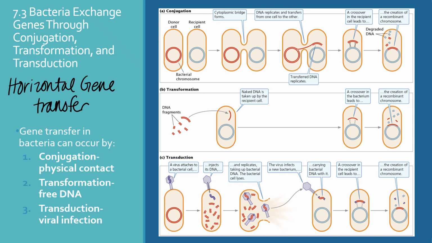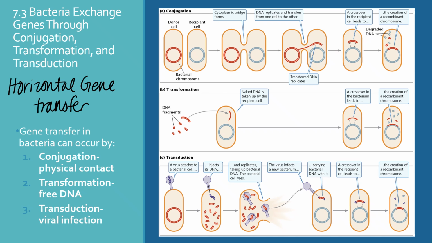We're going to talk about 3 different mechanisms by which bacteria exchange their genetic information. But DNA doesn't necessarily have to be from bacteria to bacteria. It could also be viral transmission of DNA. It could be uptake of DNA from the environment, which could include eukaryotic DNA.